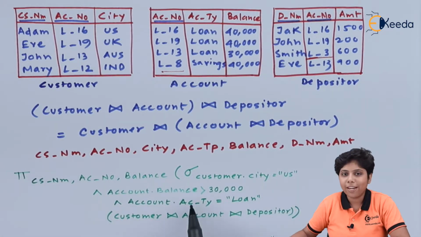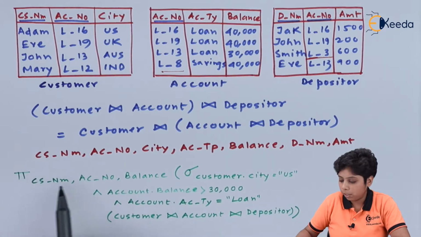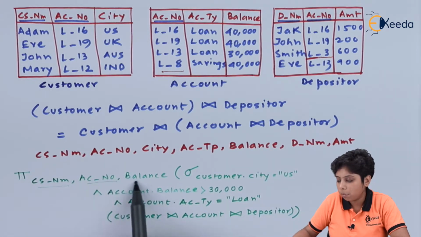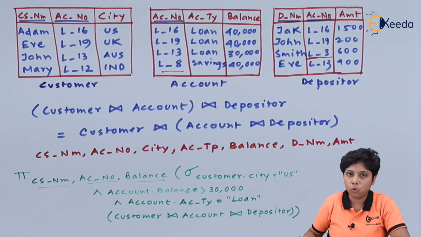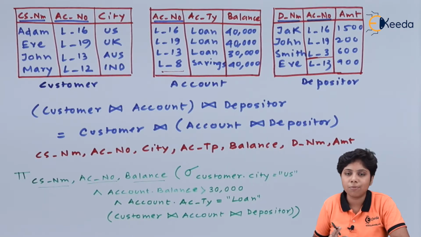This query will give us the customer name, their account number and balance, whose city is US, the balance is greater than 30,000, and the account type is loan, from this natural join result of the three relations. So in this way we can use a composition of projection, selection and natural join.